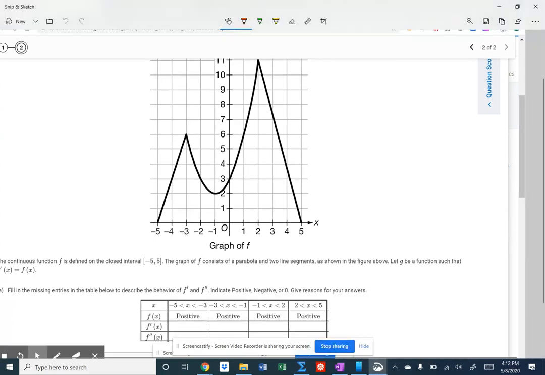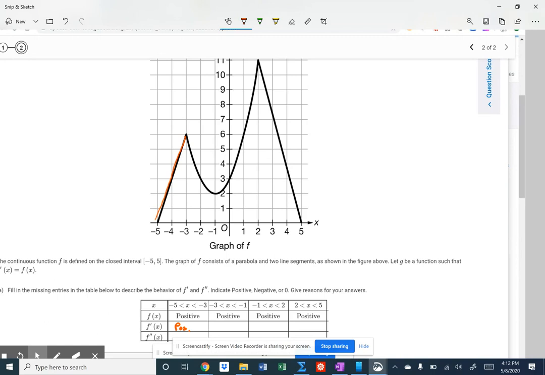Let me switch screens here so I can draw on this. So if we're looking from -5 to -3, that's this interval right here. So we see that f is increasing, so that means its derivative is going to have to be positive. So I'm just going to leave POS in there.